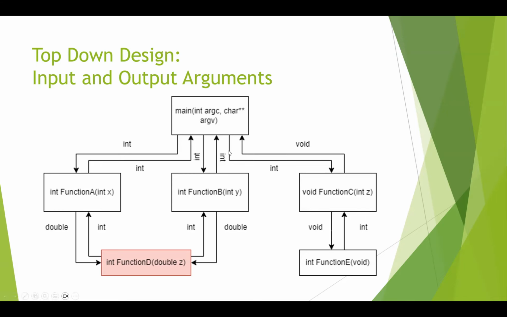Now, for a little bit of variety here, let's take a look at our function C. Again, our function C accepts an int. In this case, we're calling it int Z, and nothing is being passed to our function E. You can see here that I have no input arguments, but it does, in fact, return an integer when it is done running.